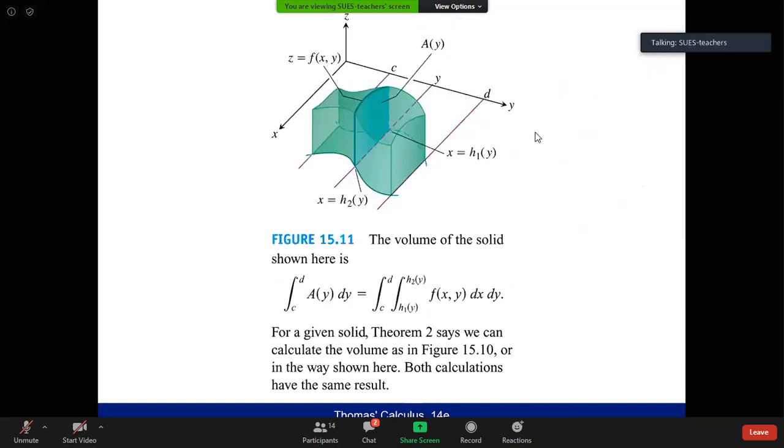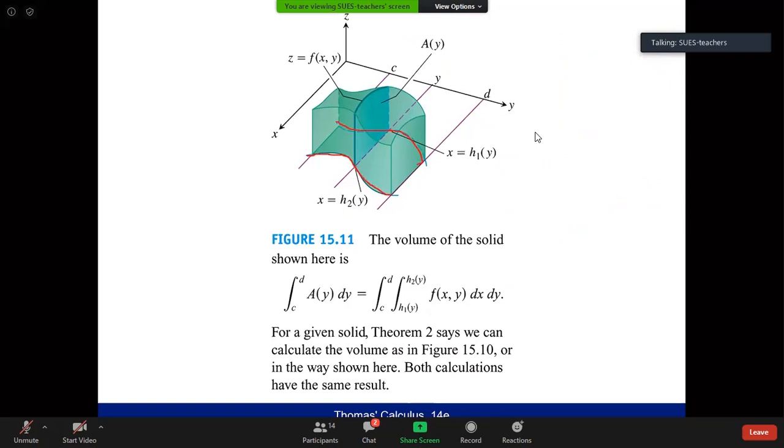Now if we see this plot here, previously the slice was fixed when we fixed x, so we get this small slice from y and z. Now we will try to fix y. When we fix y, we still have two curves, h1(y) and h2(y).